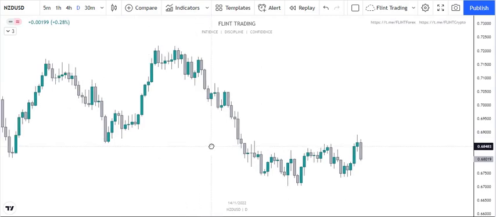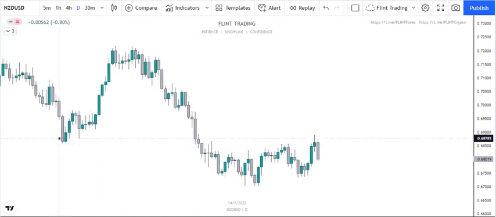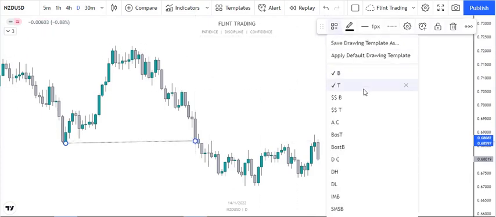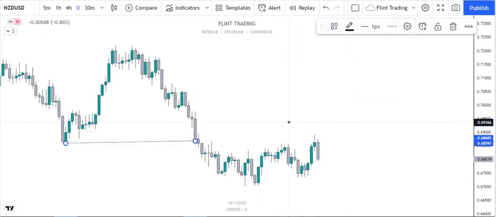So on daily, you can see that we were breaking structure to the downside. The overall major structural low was where the market printed a low, then a high, and it broke again to the downside. So the major break of structure was from here.